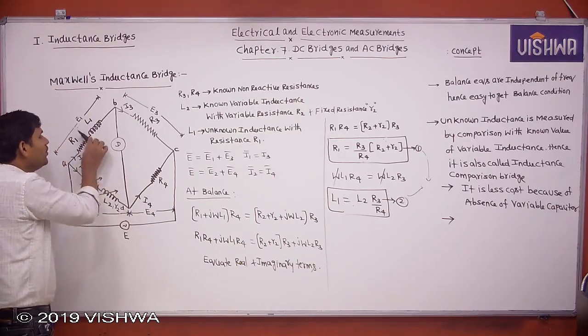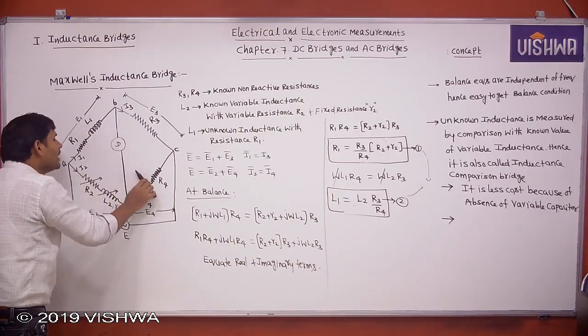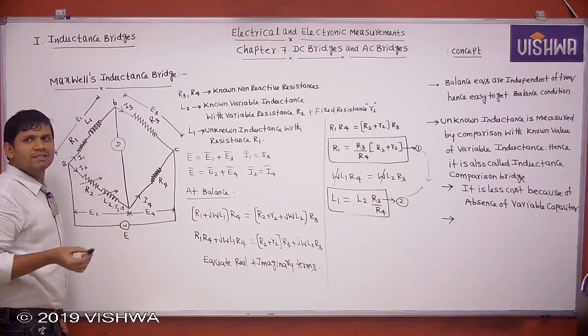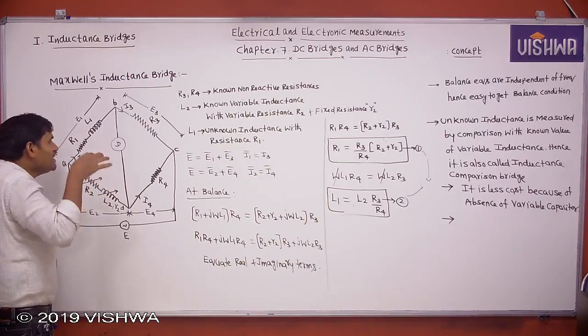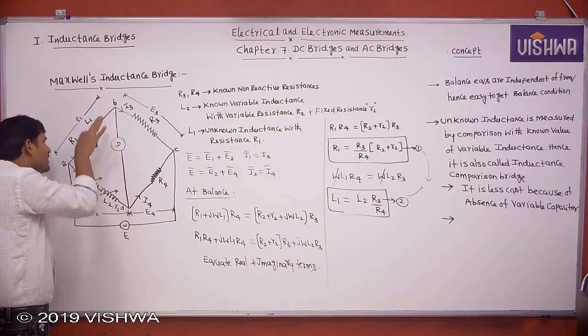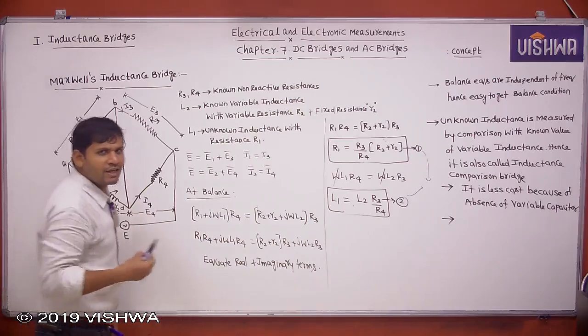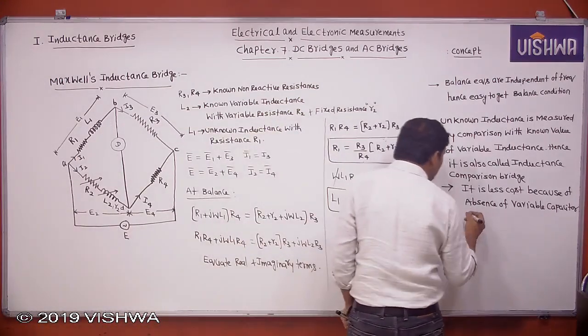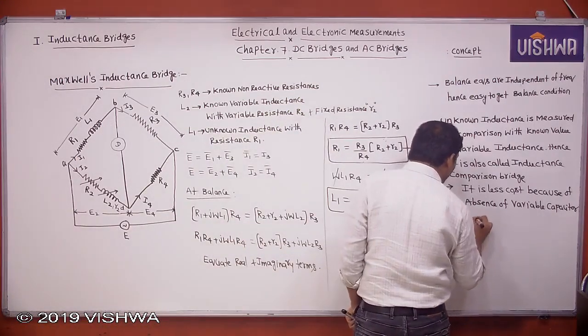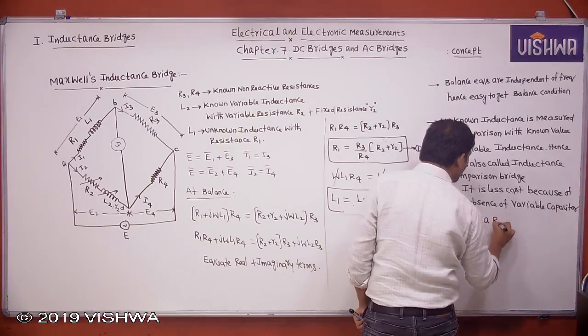If the unknown and variable are in opposite arms, then it is a product arm bridge. In this bridge, the unknown and variable are in adjacent arms. That's why Maxwell's inductance bridge is a ratio arm bridge.